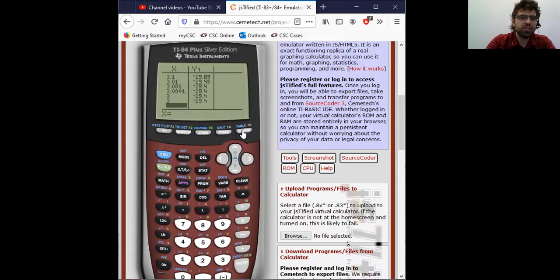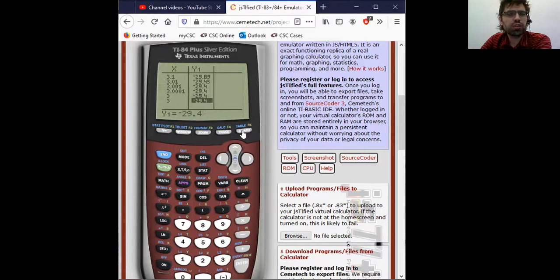It would be nice if our calculator didn't round quite so much. It's not exactly making this illustration as easy as it could be, but x is getting closer and closer to 3, and y is getting closer and closer to negative 29.4.